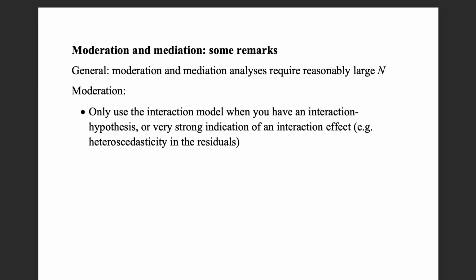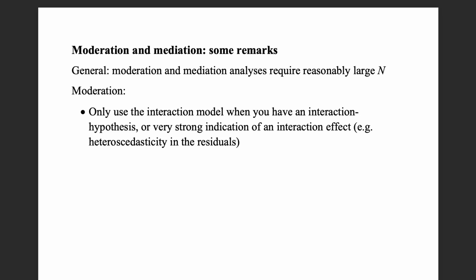Sometimes you will see a strong pattern emerging in these residuals, a kind of heteroscedasticity, so this kind of non-standard variation of your residuals. One of the reasons that can happen is that there is an interaction effect going on between the variables in your model, but you didn't include that interaction effect. So in that situation you can sometimes consider including those interaction effects, but again, there I would be cautious.